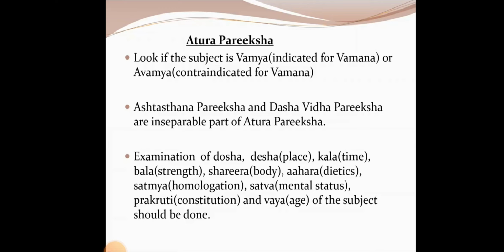Next is examination of Dosha, Desha, Kala, Bala, Sharira, Ahara, Satmya, Sattva, Prakriti, Vaya, etc. Dosha, Aushadha, Desha, Kala, Satmya, Agni, Sattva, Vayo, Balani: this must be in mind before every procedure.